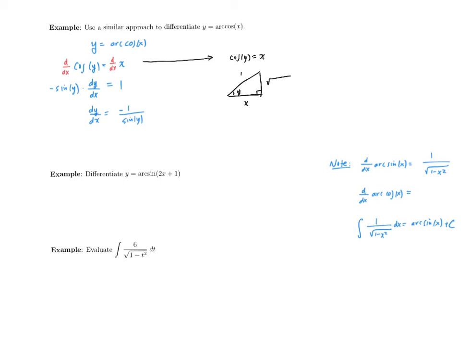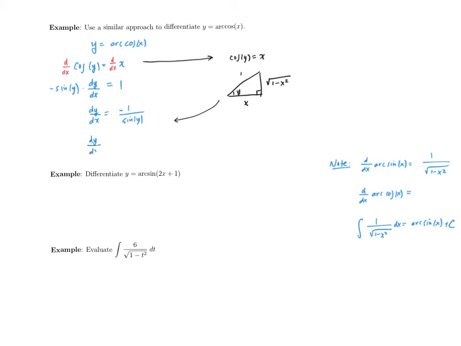This right leg, using our previous work, would be the square root of 1 minus x squared. And immediately, sine of y, which is opposite over hypotenuse, is simply the square root of 1 minus x squared.